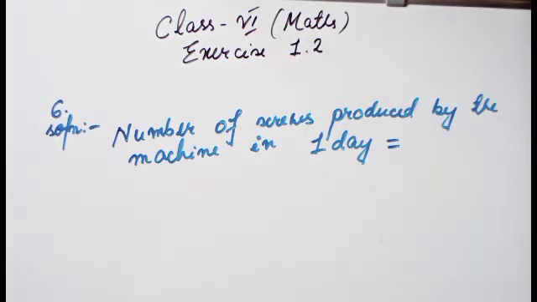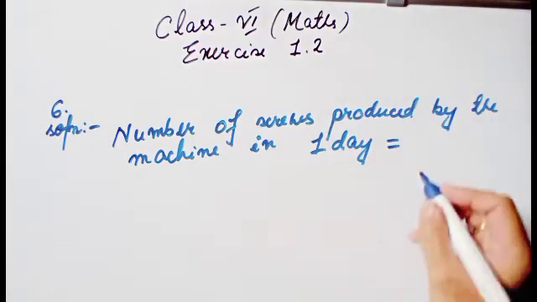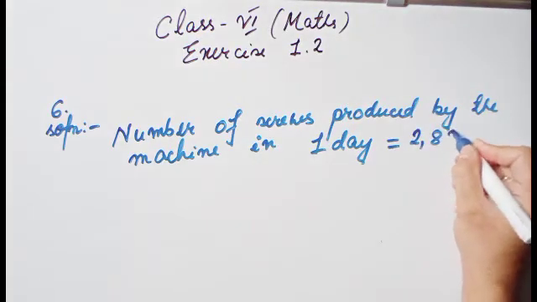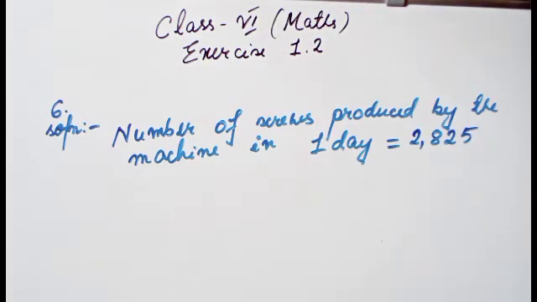So how many screws? 2,825. This is the number of screws produced by this machine in one day.